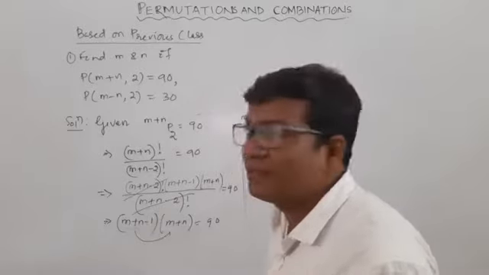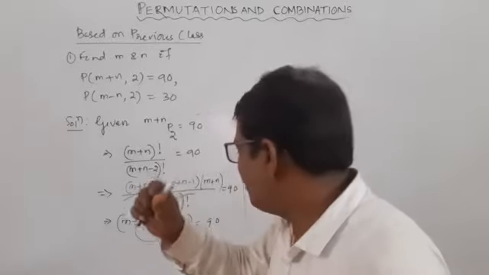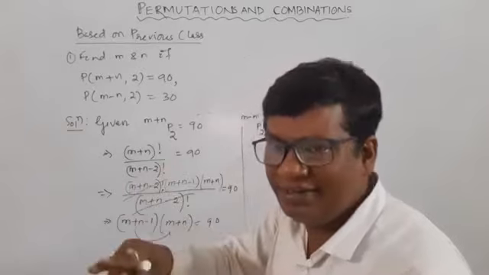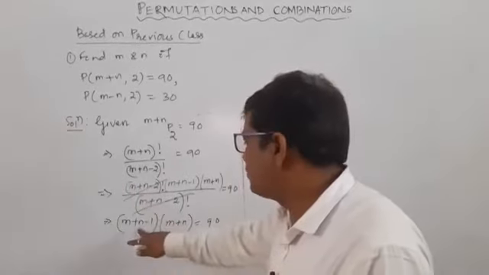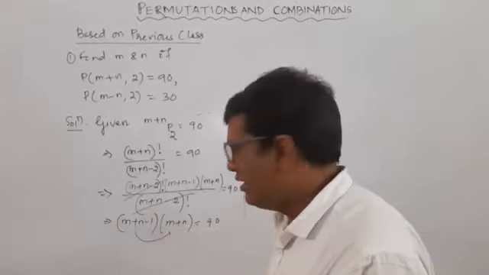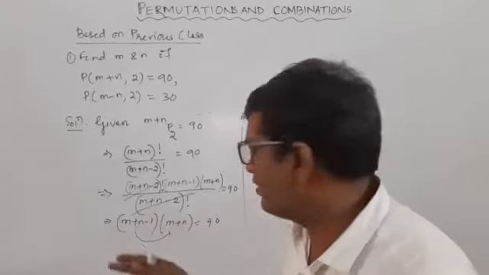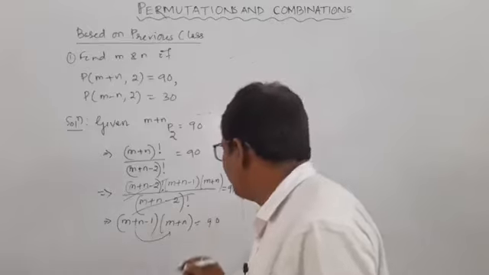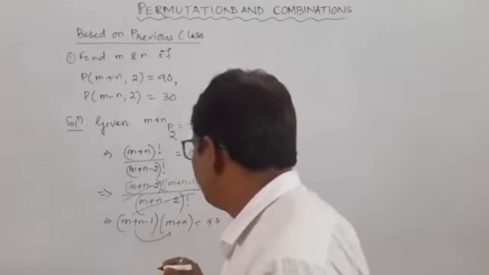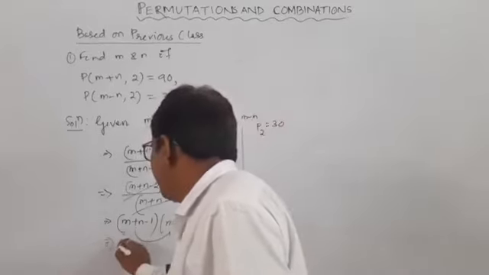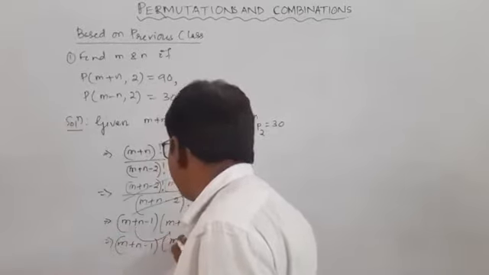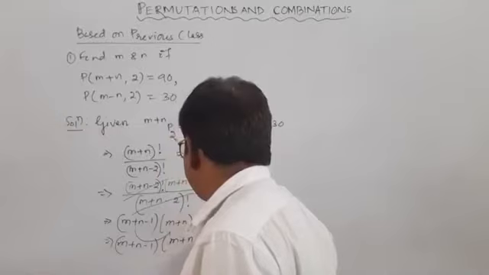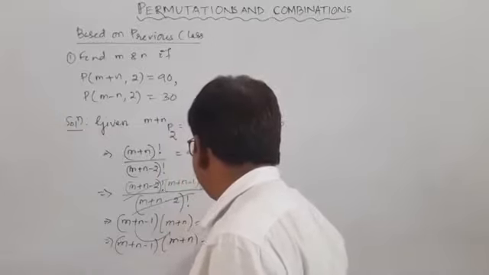So break the number 90 as the product of two serial numbers, the first one smaller and the second one greater. So 90 is 9 into 10.